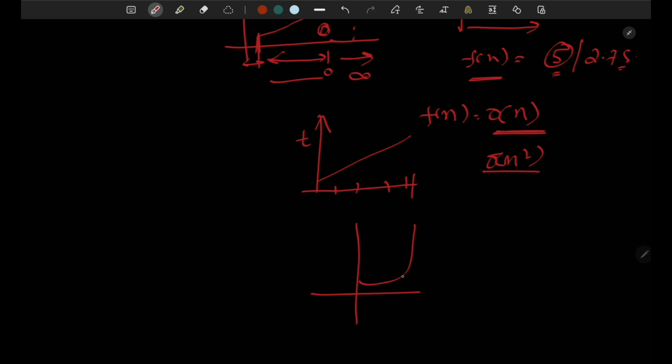Or maybe with much lesser steepness. Maybe it could be something like this. So this is how the time taken by the code is going to increase when we increase the input size. This is my input size, this is the time taken. So this is what we mean by the asymptotic notation.